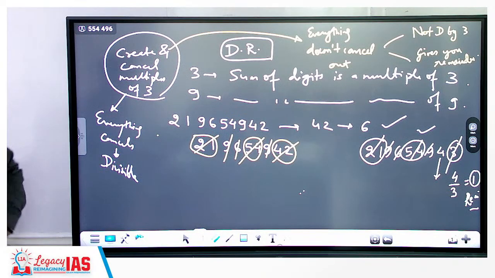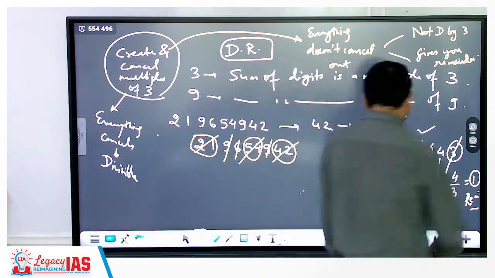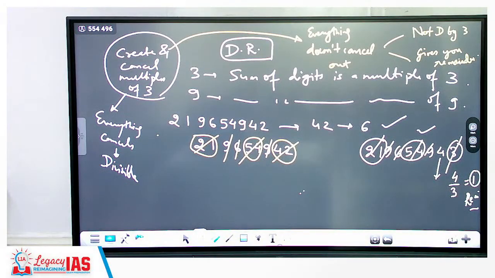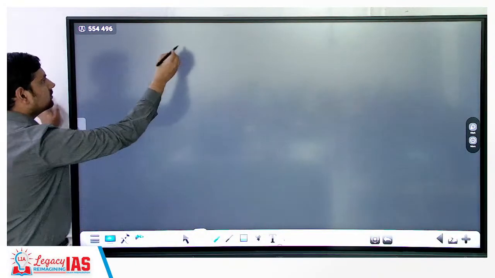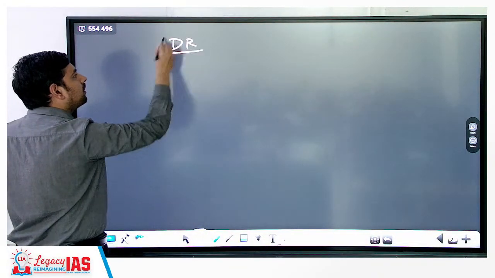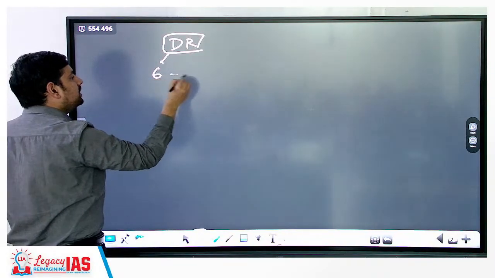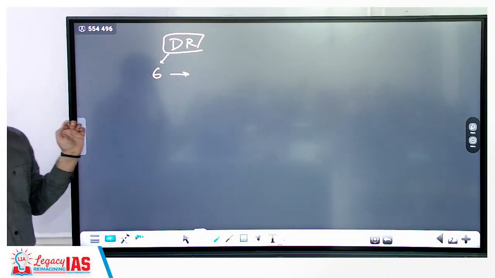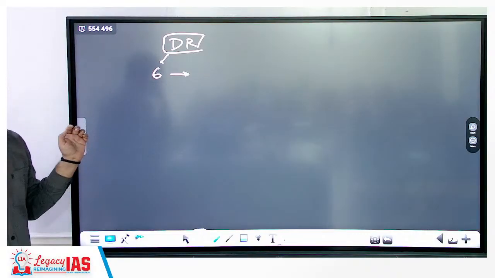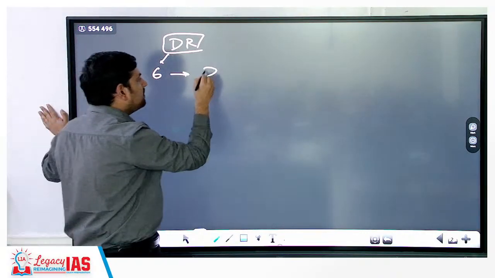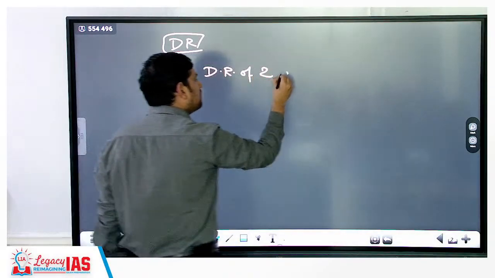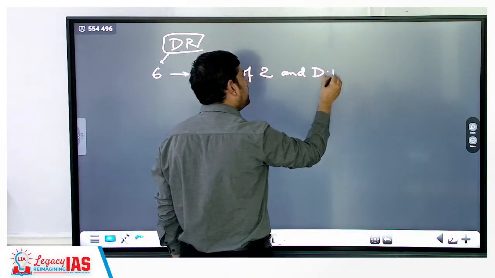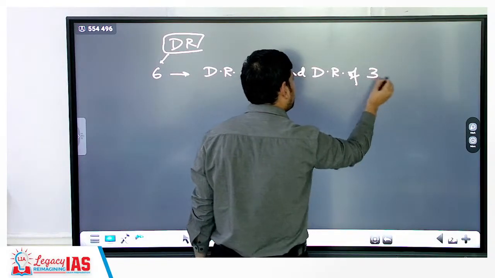Done? Then next. Next set. What is divisibility rule of 6? So basically it must follow divisibility rule of 2 and divisibility rule of 3.